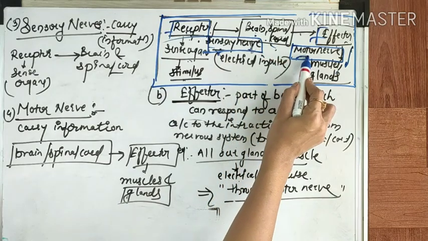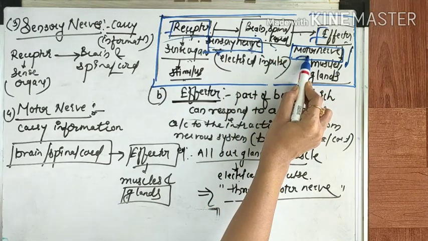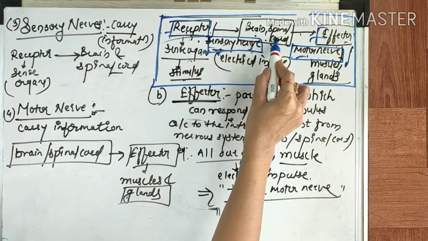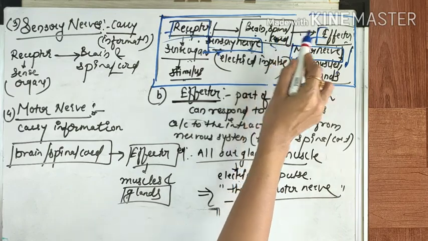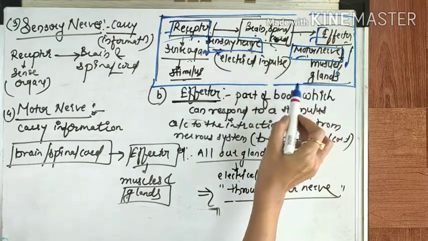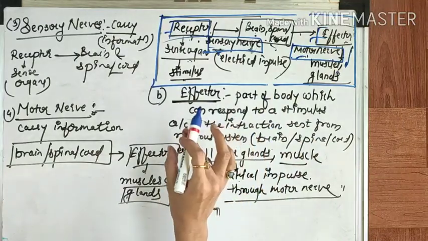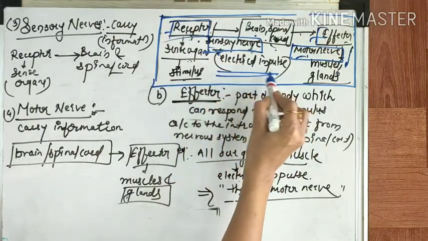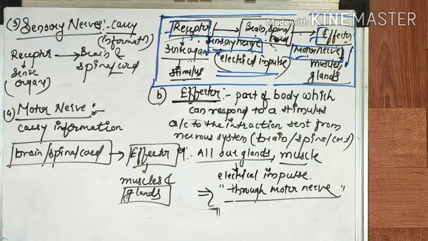Motor nerves are the nerves which carry the information from the brain and spinal cord to the effector. Both carry the information in the form of electrical impulse. Understood? So that is how control and coordination occurs in animals. Thank you.